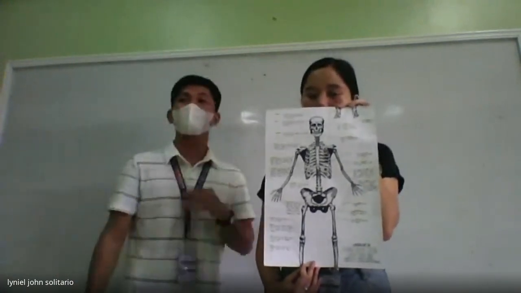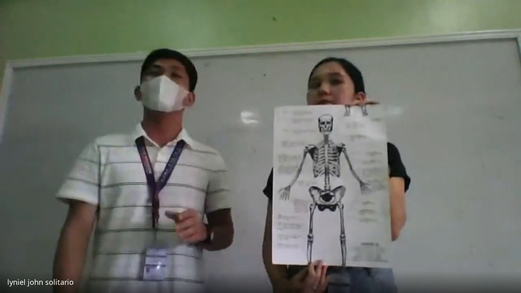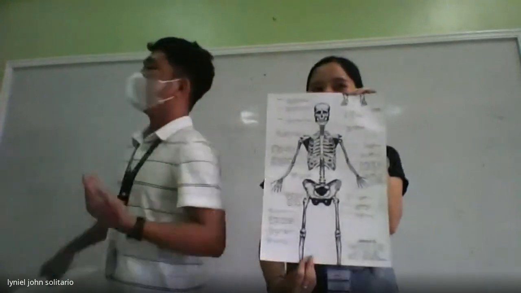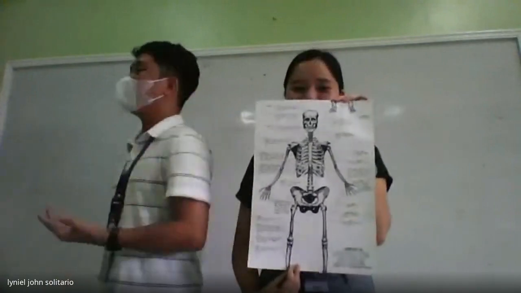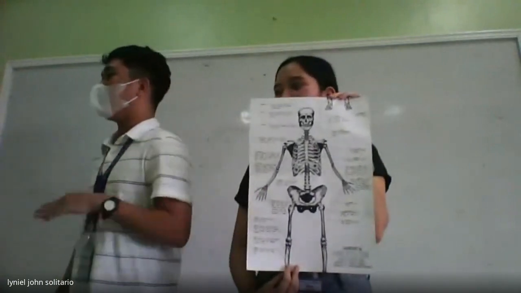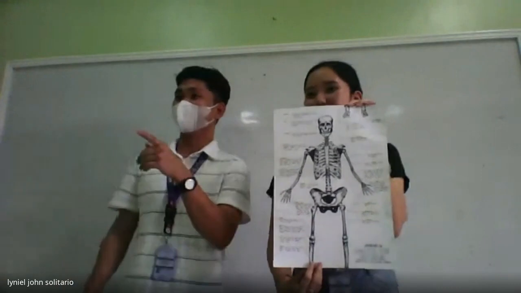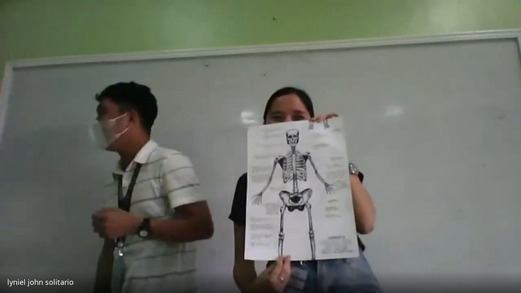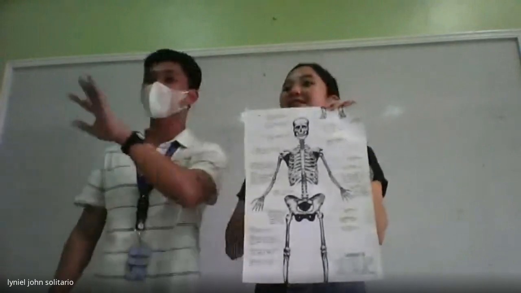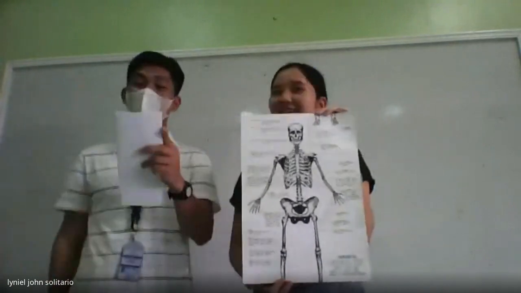So another question, if you can remember from human anatomy, how many bones are there in a human adult? Yes, 206.